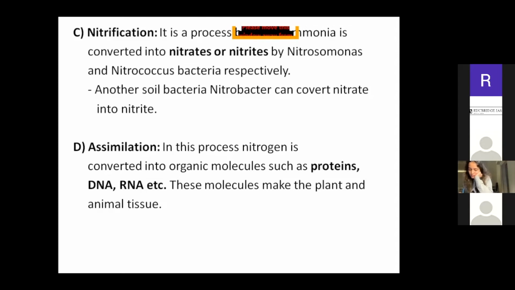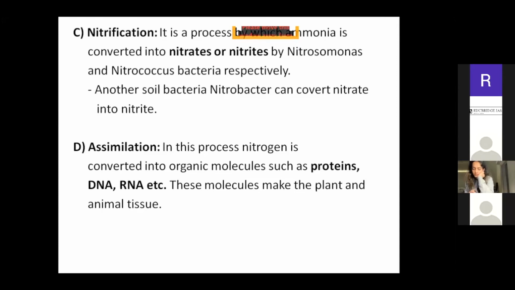Fine. And that form of nitrogen, in the form of nitrates or nitrites, is then used by plant species. Also, we have a bacteria called nitrobacter, which converts nitrites into nitrates. Fine. So again, it can be used by different plant species.